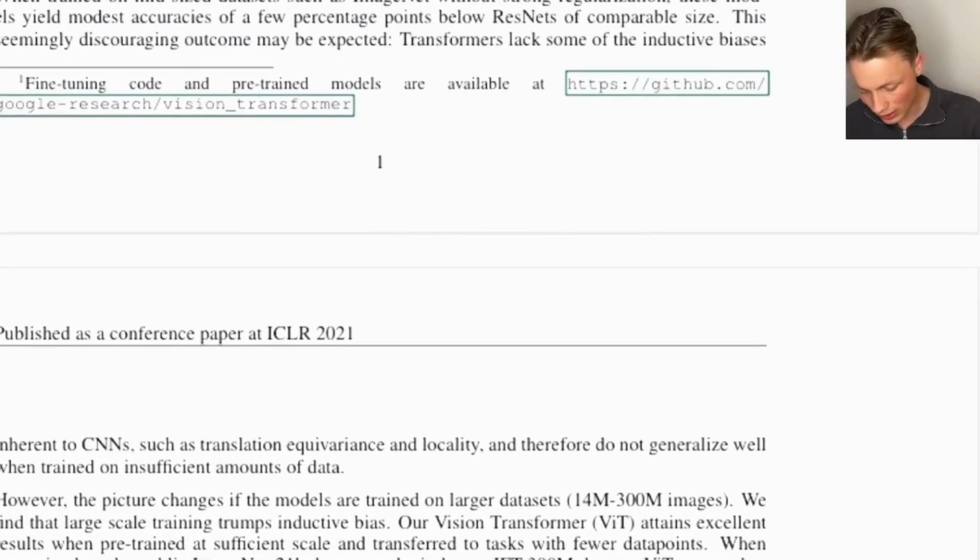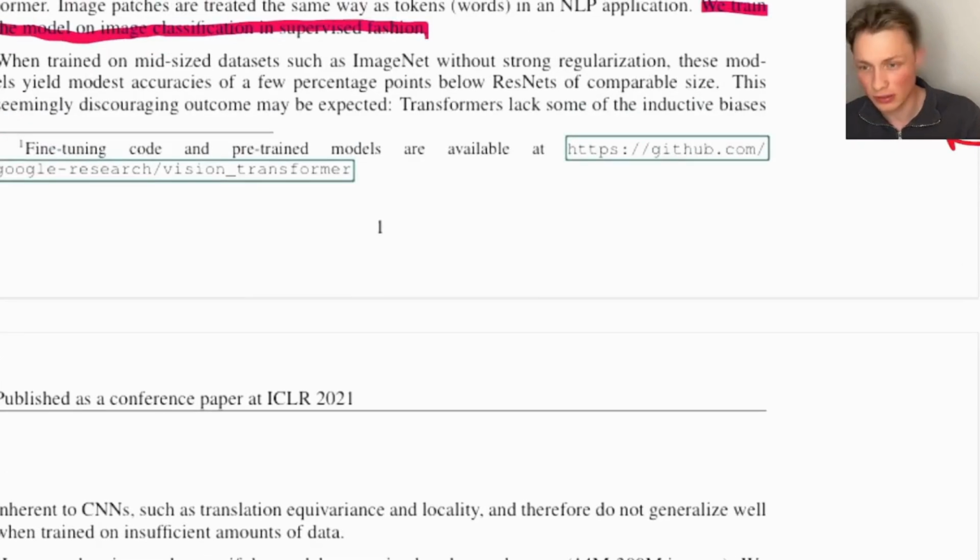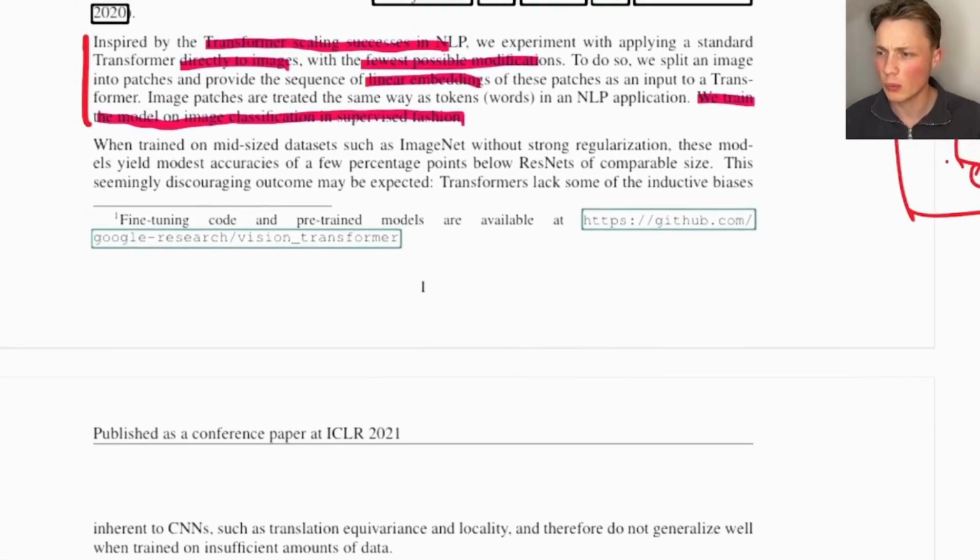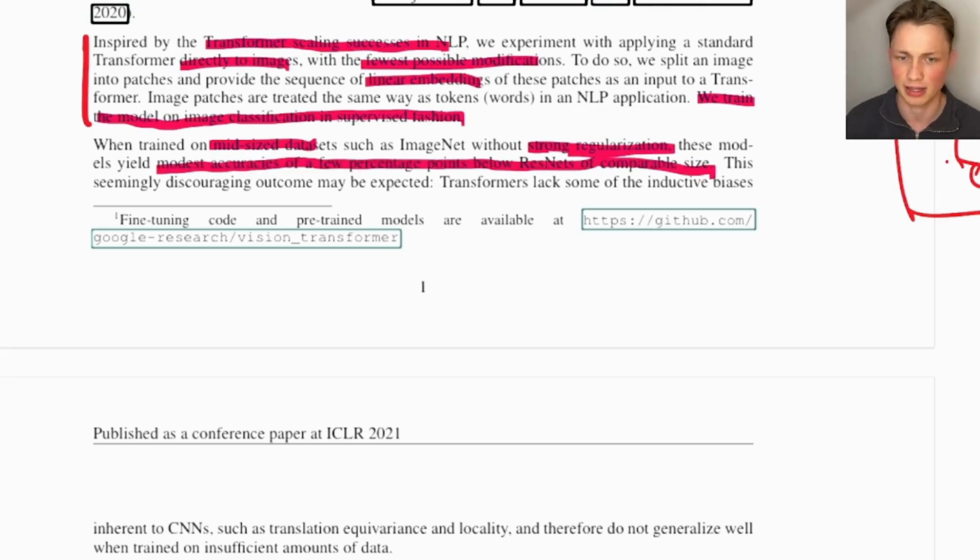And now it becomes very interesting. When trained on a mid-sized dataset, so not on a very large dataset, a mid-sized dataset such as ImageNet, without strong regularization, and we normally use regularization to prevent the model from overfitting, this model yields modest accuracy of a few percentage points below ResNet of comparable size.